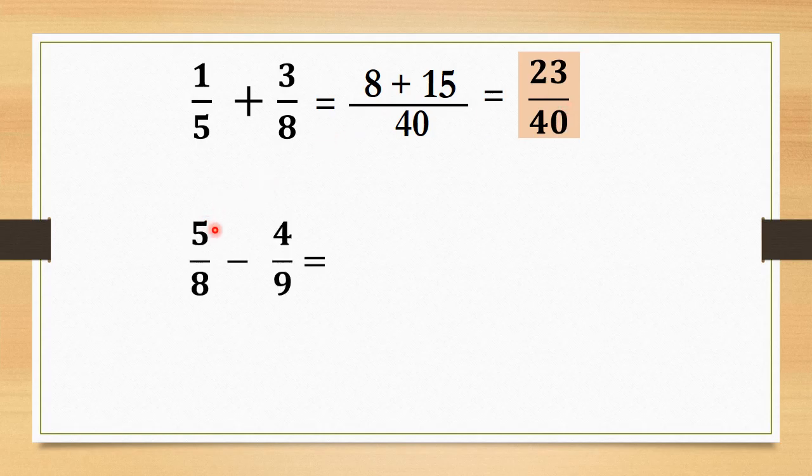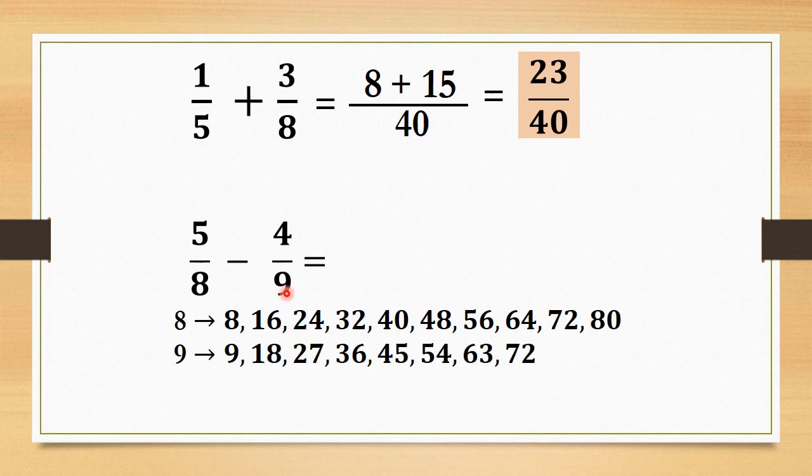Next, let us subtract 5/8 and 4/9. So, 5/8 minus 4/9. Let us first find the LCD of 8 and 9. Let us list down the multiples of 8: 8, 16, 24, 32, 40, 48, 56, 64, 72, and 80.